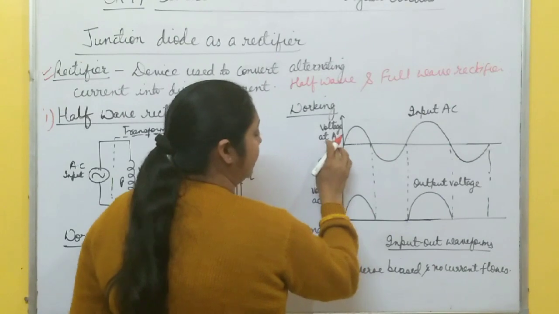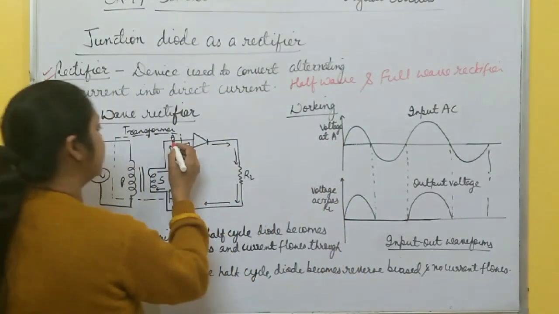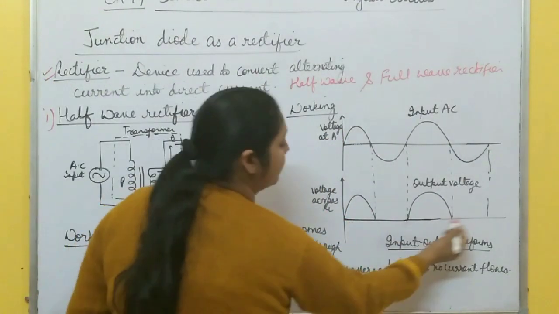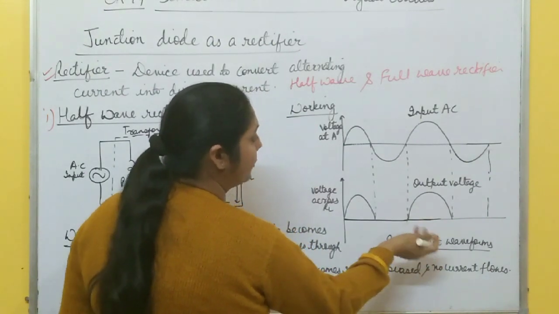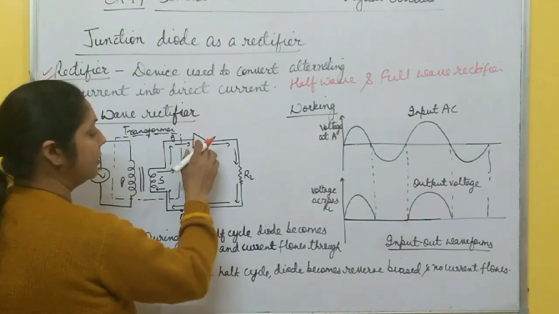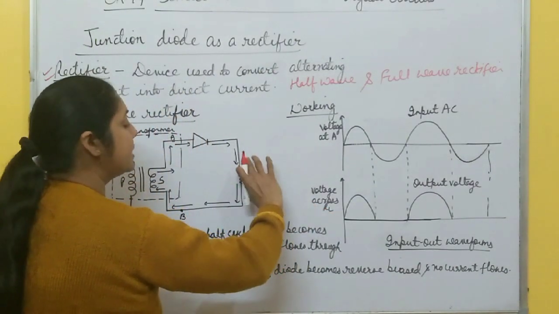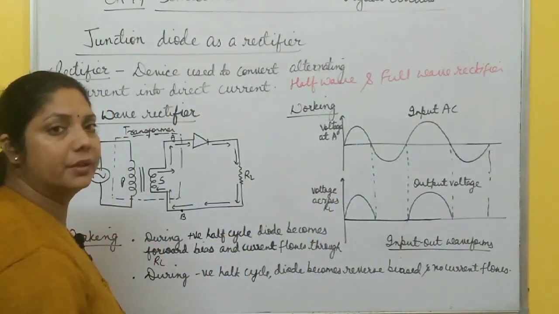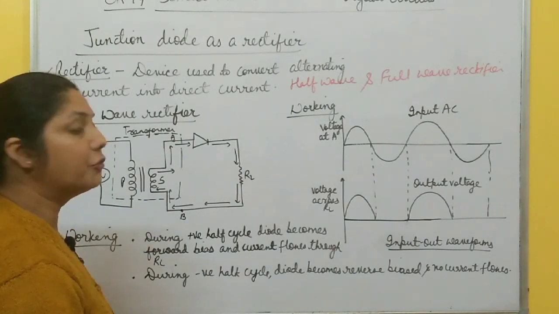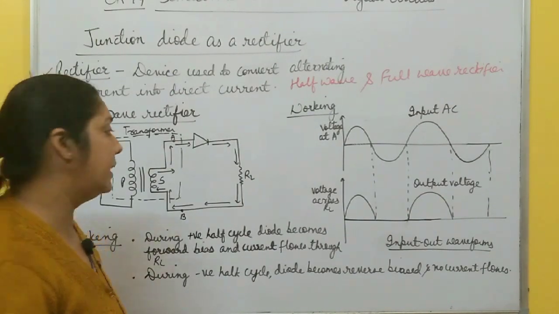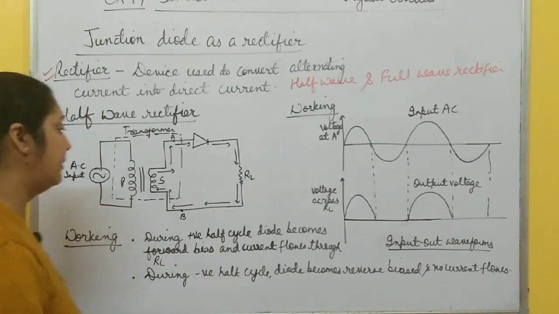The voltage at A is this point and this one is the output. The output you get due to the diode used in the circuit is the voltage across RL, and this output voltage is connected to any equipment like a bulb or tube light, whatever you want DC current for.